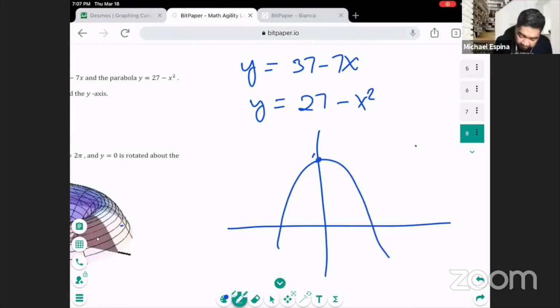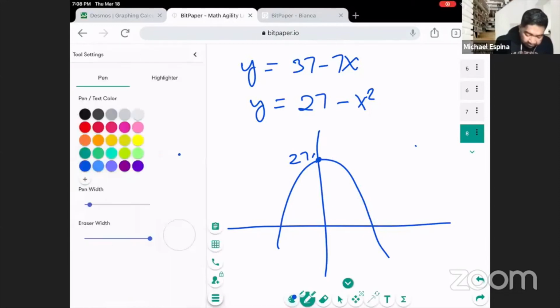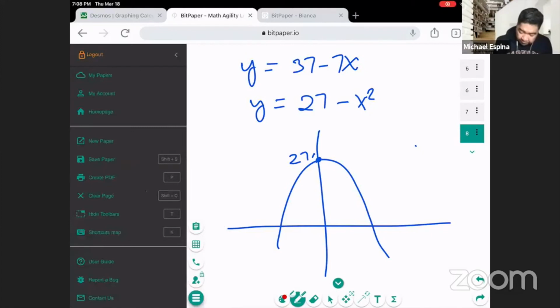We have here a 27, and if we take the intersection of the line and this parabola, we have this. Let's redo it with a different color. So this would be like that. We found out that this is the 2, 23 intersection, and the other one is at 5, 2.